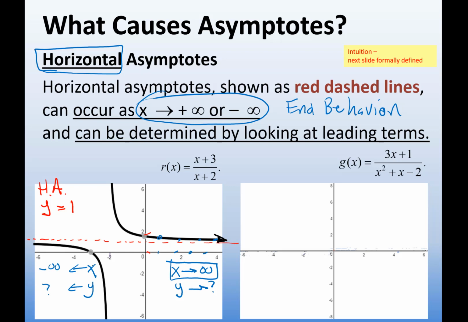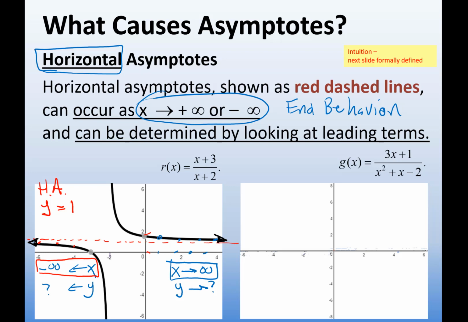Now, if we look at x going to negative infinity, x is 4, y is here. X is 4.5, y is here. X is negative 5, y is here. And these y's seem to be approaching the same number that this tail is approaching.